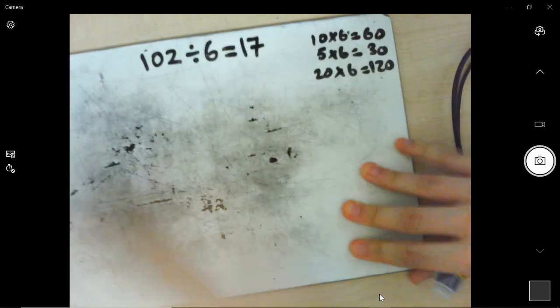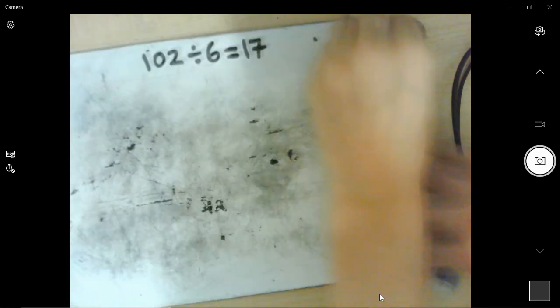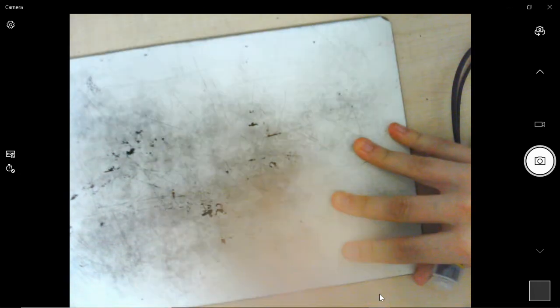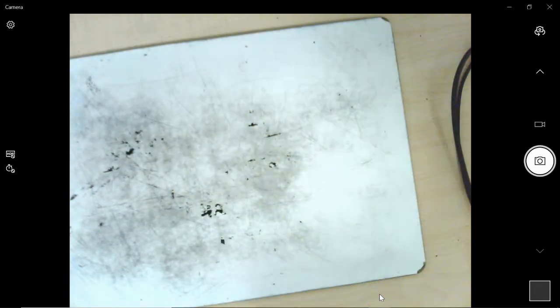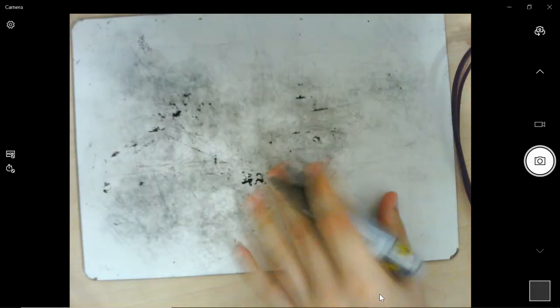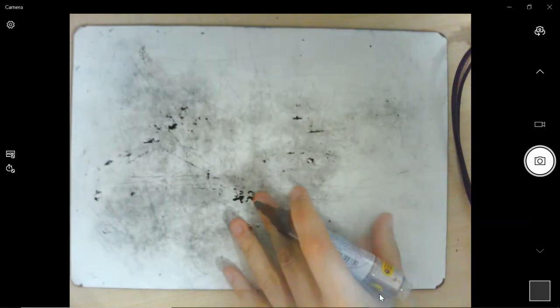I always find it very helpful to write my fact box in the corner first. Let's divide by 4 this time. Let's do 96 divided by 4.